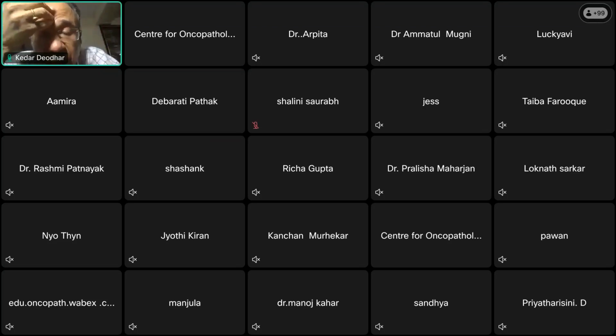Important question, because the guidelines say that if the epicenter is less than 2 centimeter from the gastroesophageal junction, we take it as esophageal cancer, and more than 2 centimeter, we take it as a proximal gastric cancer.